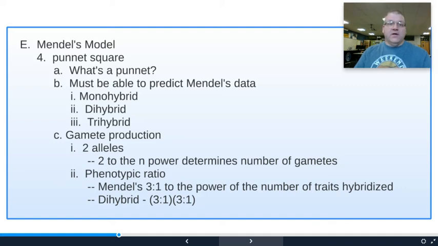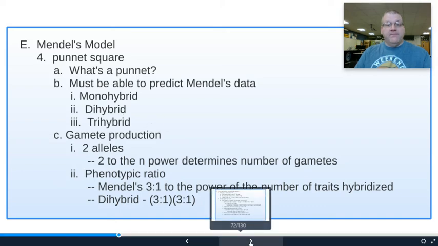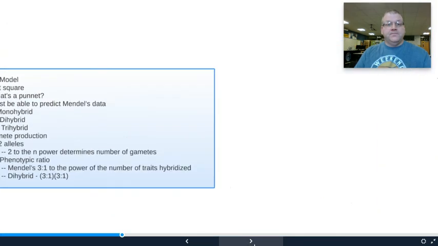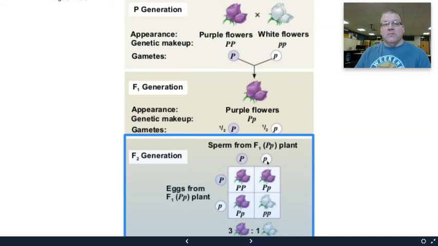Okay, let's take a look at the monohybrid, mono as in following one trait at a time. So here is our Punnett square for one trait. We show the separation of alleles, or what Mendel would have called factors. And here are your 4 punnets for this Punnett square.